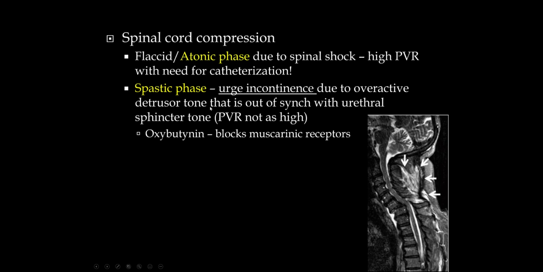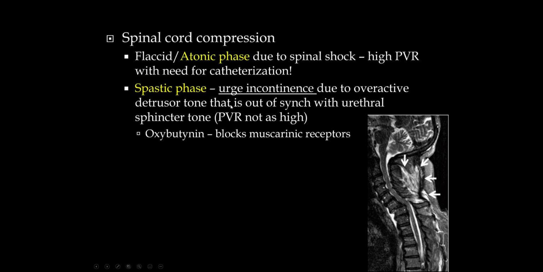Now, over time, these patients will merge into the spastic phase. Okay, this is called urge incontinence. And what really happens here is they can't coordinate the action of the detrusor muscle and the urethral sphincters. They're out of sync. And so patients have a very tight detrusor, and so they often are having painful kind of spasms and leakage of urine.